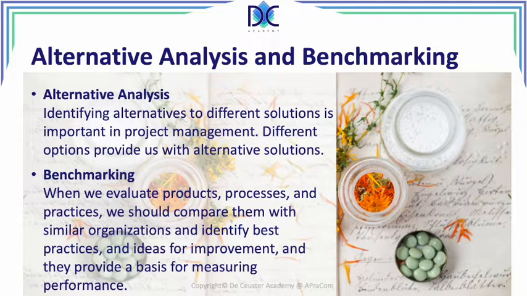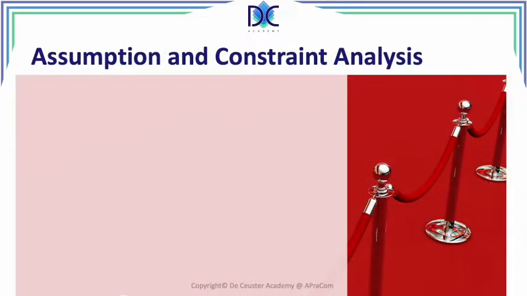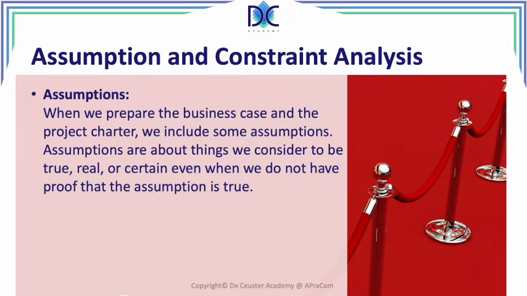Two other elements are the assumption and constraint analysis. Assumptions are basically elements that we assume to be correct, and we put them in the business case and in the project charter. We assume that a certain event will happen or that we will have certain methods or tools at our disposition.